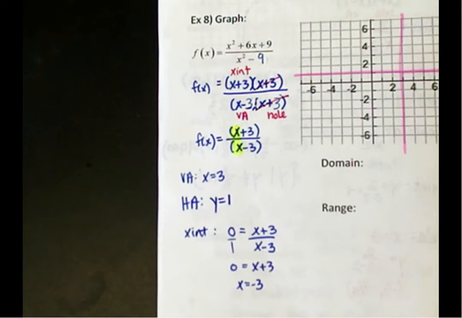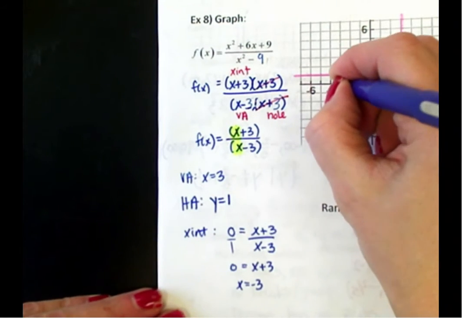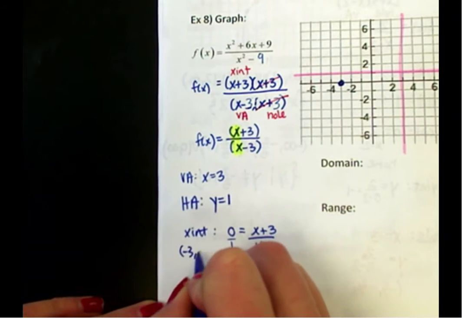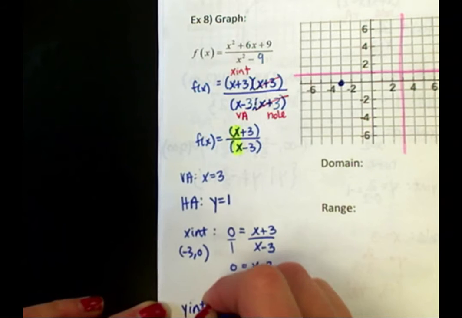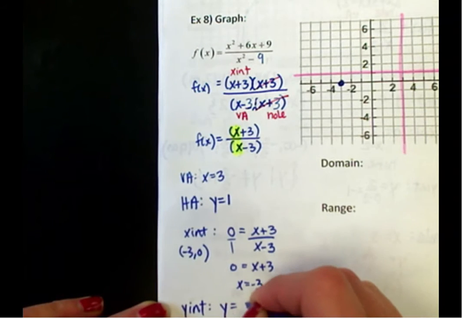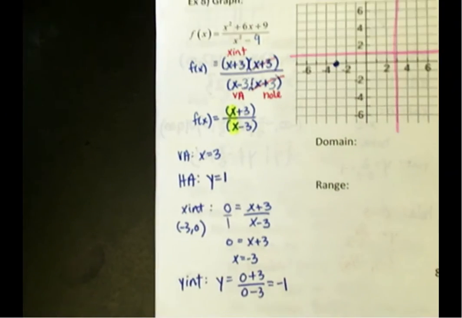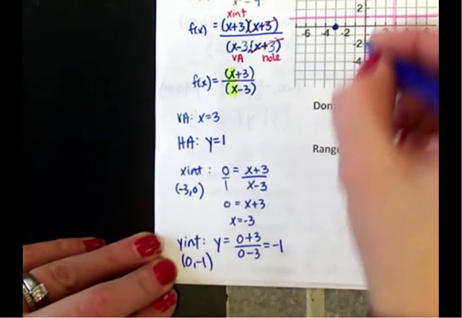I should have just taken the -3 and plotted it because it matches the factor of the numerator. Okay, y-intercept. 0, -1.